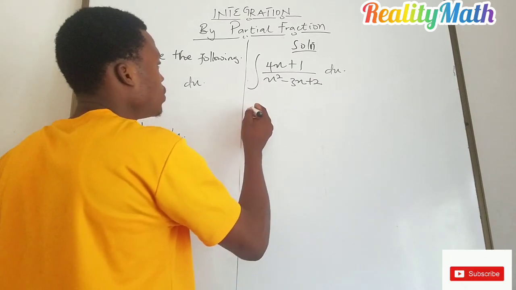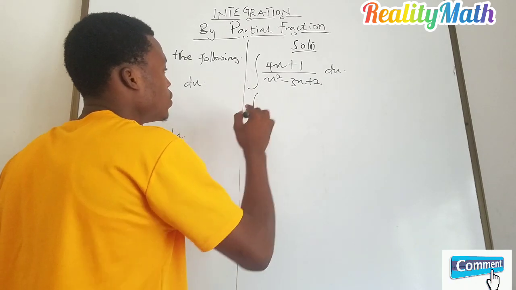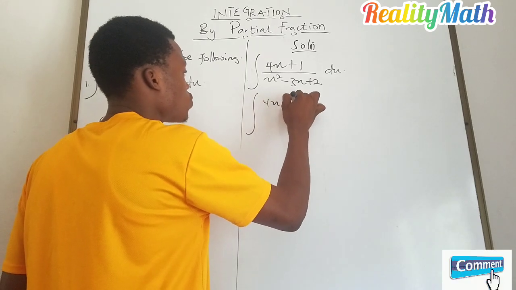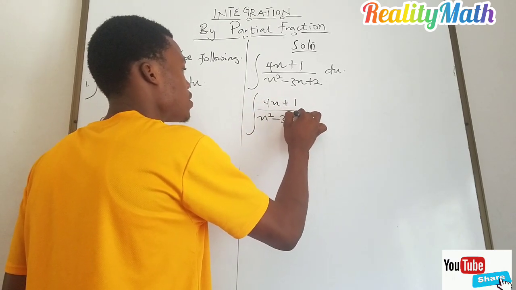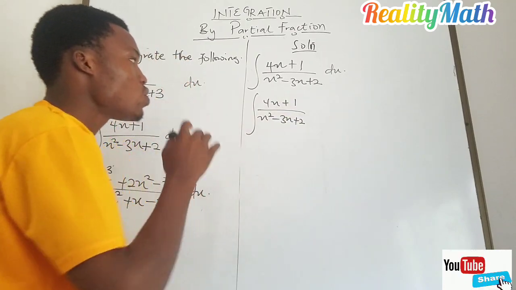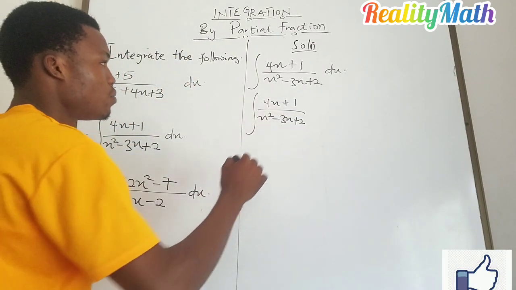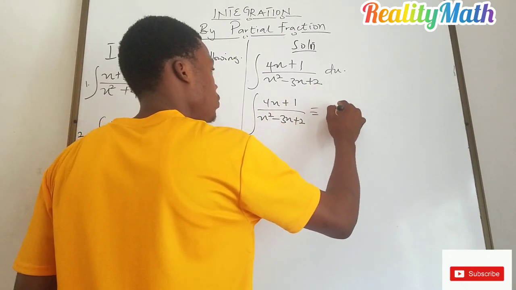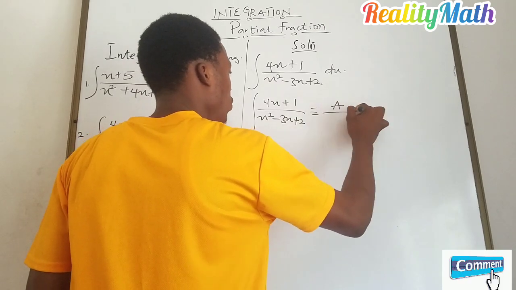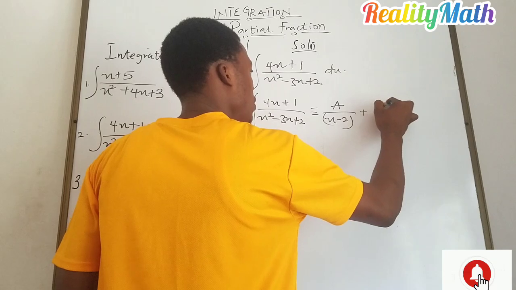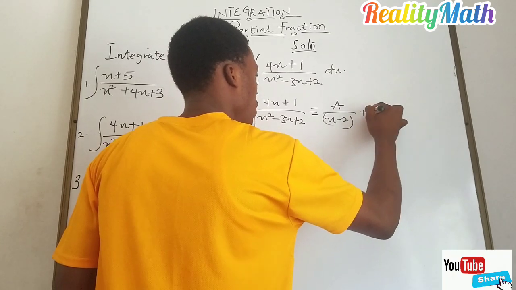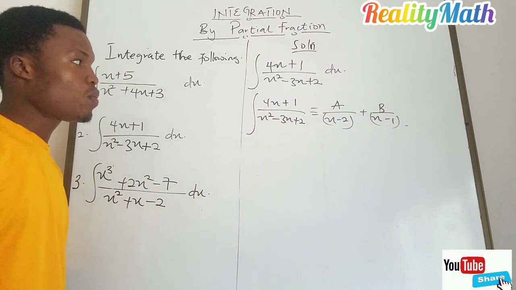So we have the integral of 4x plus 1 all over x squared minus 3x plus 2. The partial fractions of this denominator are going to be a over x minus 2 plus b over x minus 1.